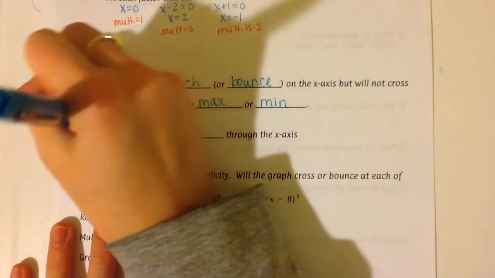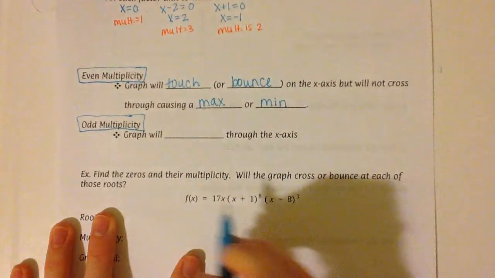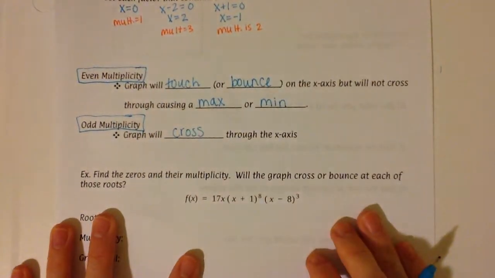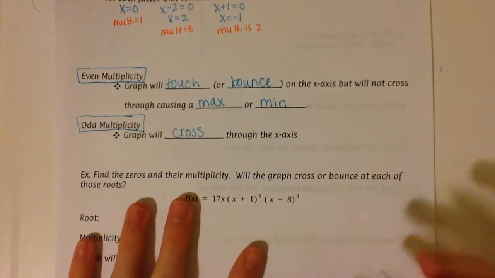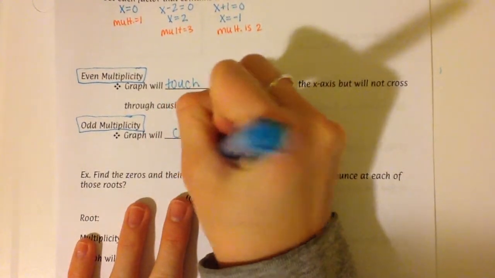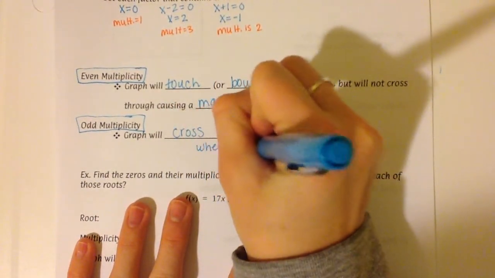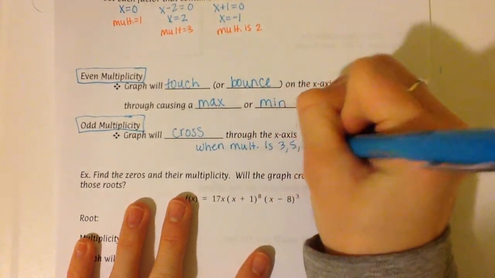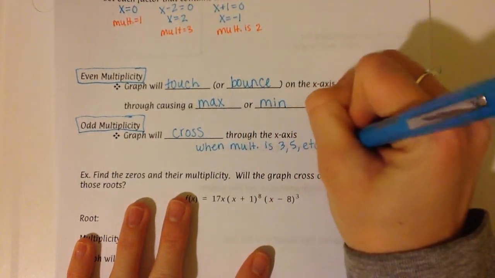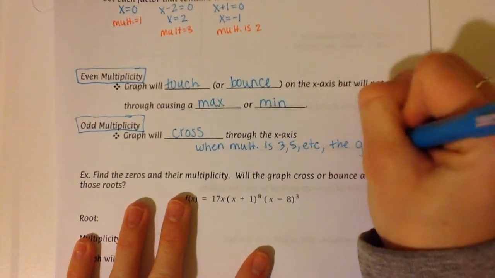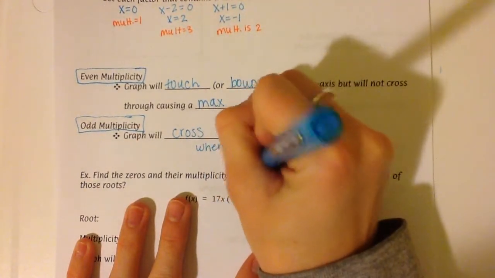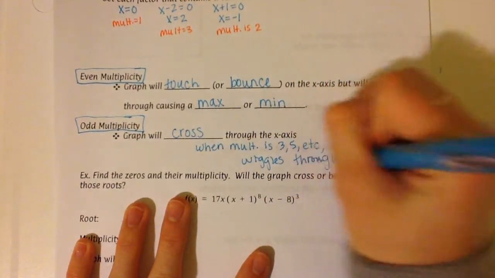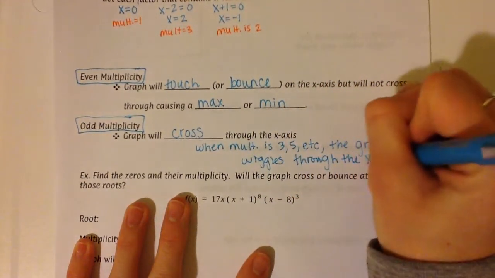So when we have odd multiplicity, the graph will cross through the x-axis. So when the multiplicity is 3, 5, and so on, the graph wiggles through the x-axis.